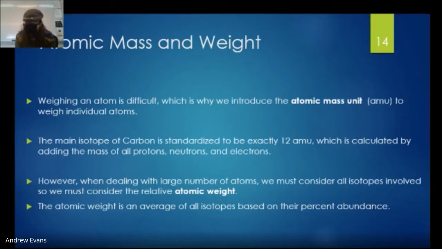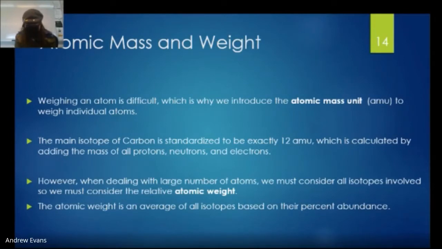You can't just say, well, there's 6 protons and 6 neutrons, so it's going to be 12. But you can calculate that by adding the mass of all protons, neutrons, and electrons. But note, AMU is only going to be dealing with individual atoms, the atomic mass.